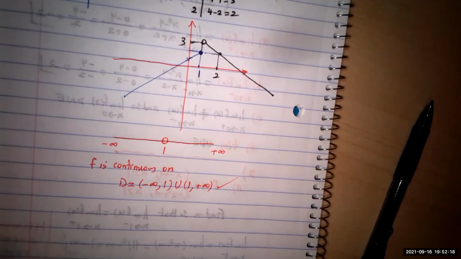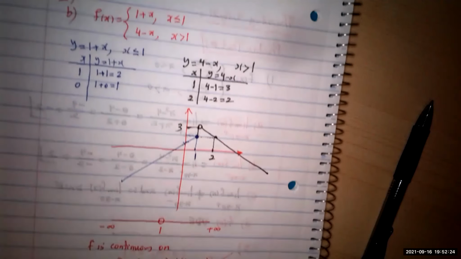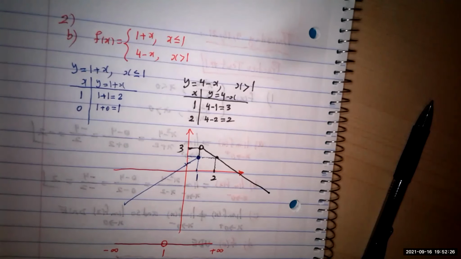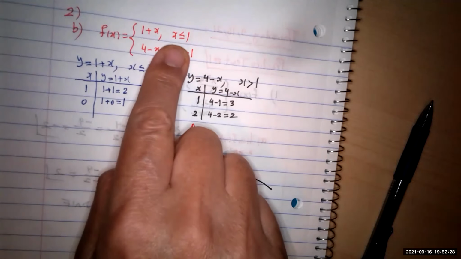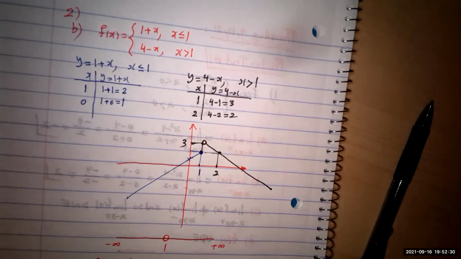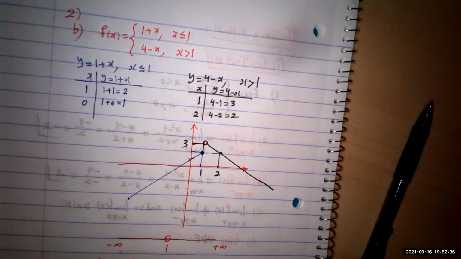You see, there is a difference between these two for this problem. The domain of this function is all real numbers because you have the equality here. But what is the domain of the continuity of the function? In the previous problem, you didn't have continuity, so that's why we asked for the domain. But over here, you've got to be careful.